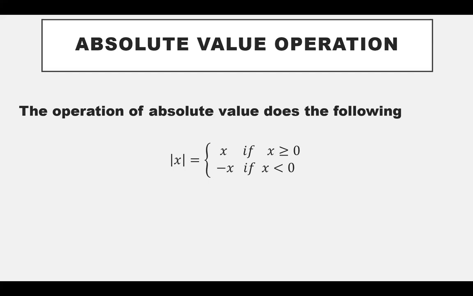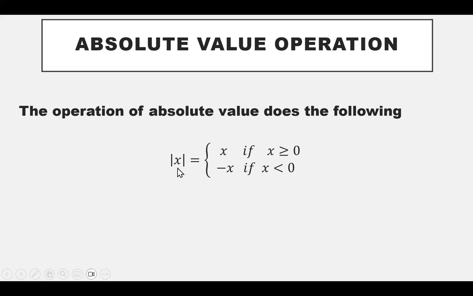However, if you plug in a negative number into the absolute value, then you're going to get the opposite of that number. In other words, when you take the absolute value of a number, you get a positive, or non-negative, I should say, output.